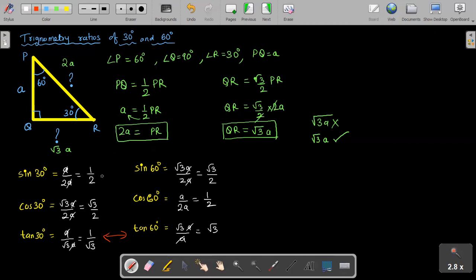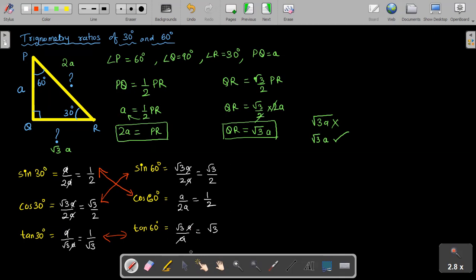Okay, then sin 30 and cos 60, the value is same, half for both. Sin 30 and cos 60 is same. Fix that in your brain. Train your brain to remember that. Then cos 30 and sin 60, these both values are same.